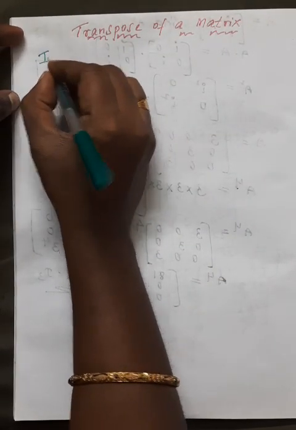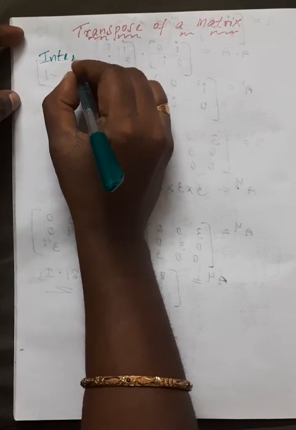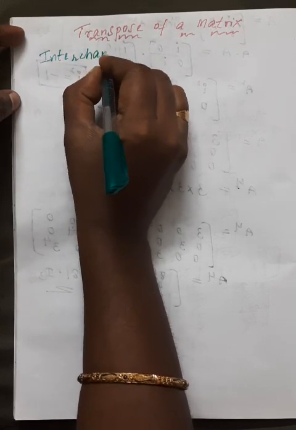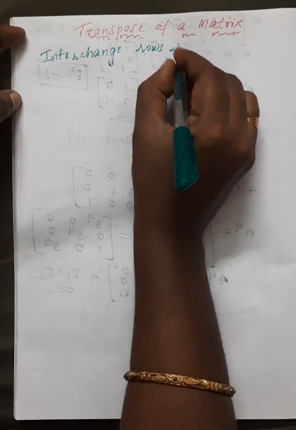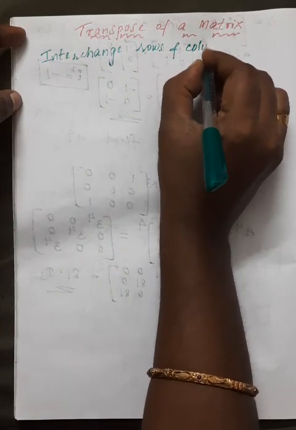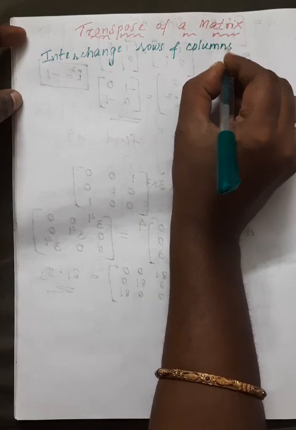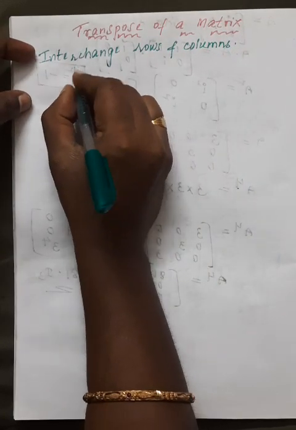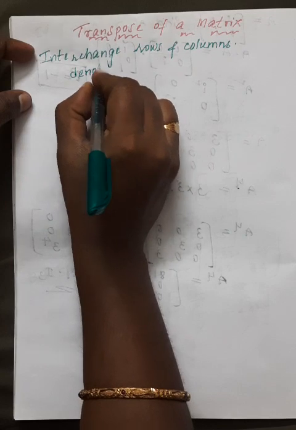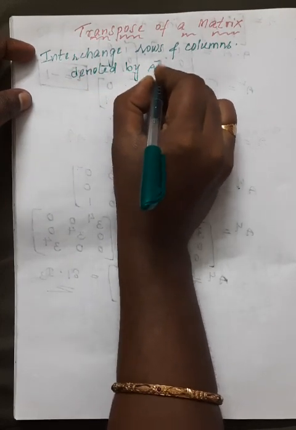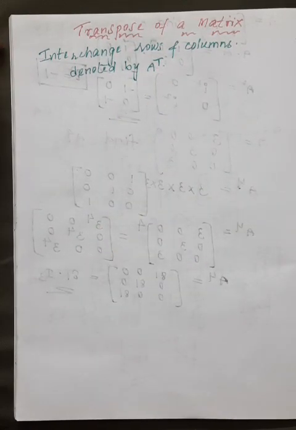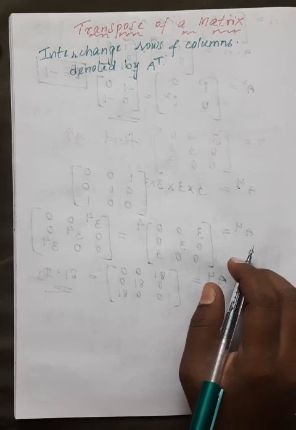So simply, the transpose of a matrix is interchanging of rows and columns, and it is denoted by A transpose.